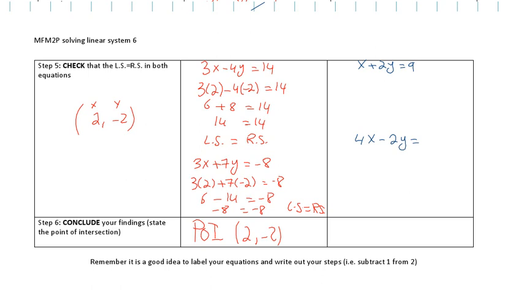And then my POI is 1, 4. Plug in 1 for x, plug in 4 for y.